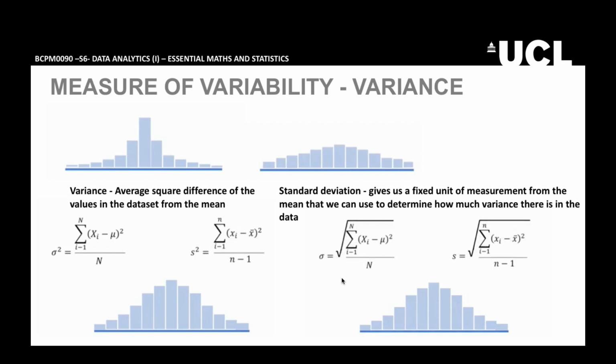A squared value means that the variance is not in the same unit of measurement as our data, so we typically take the square root of the variance to calculate something that we call the standard deviation. The standard deviation gives us a fixed unit of measurement from the mean that we can use to determine how much variance there is in the data.